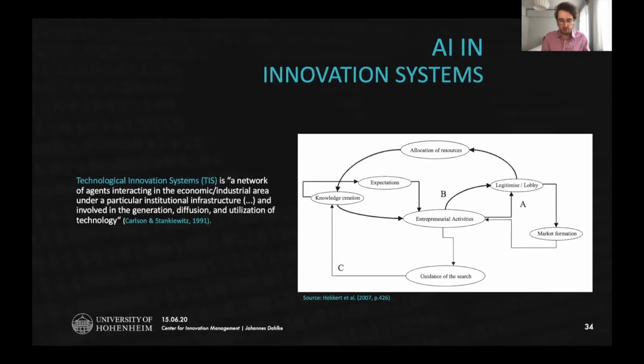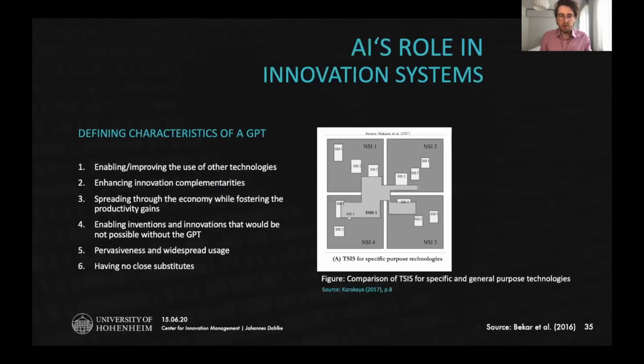But now the question is, we don't want to look at the technological innovation system of AI, but how AI influences other innovation systems. And for that, we have to remind ourselves that AI is a general purpose technology. So it enables the use of other technologies. It enhances innovation complementarities. It spreads through the economy while fostering productivity gains.